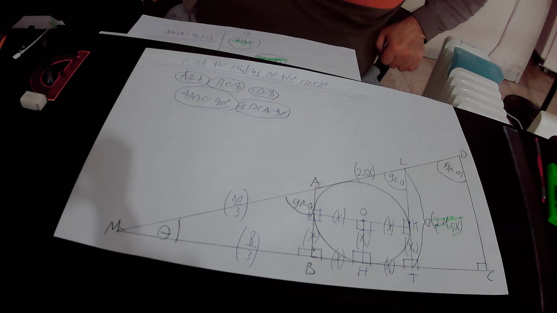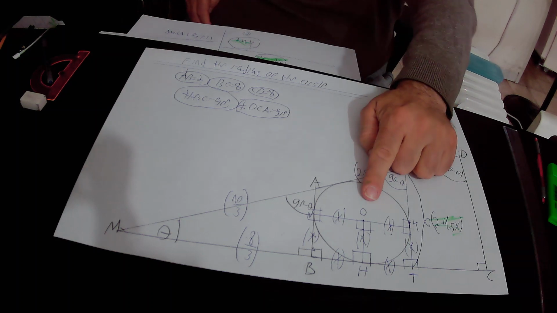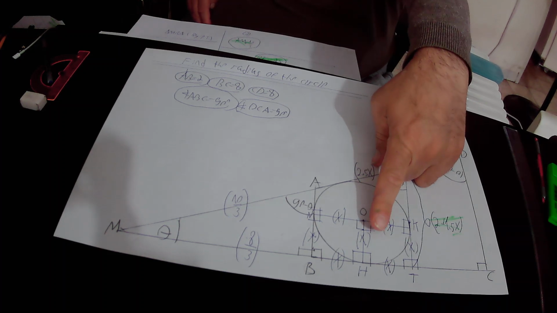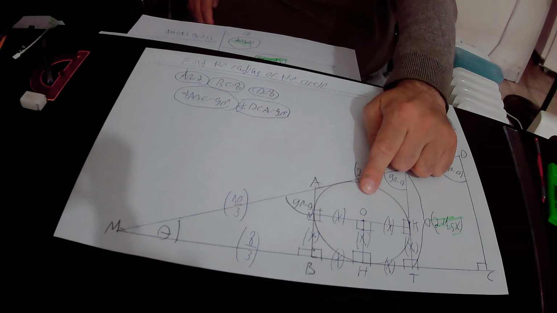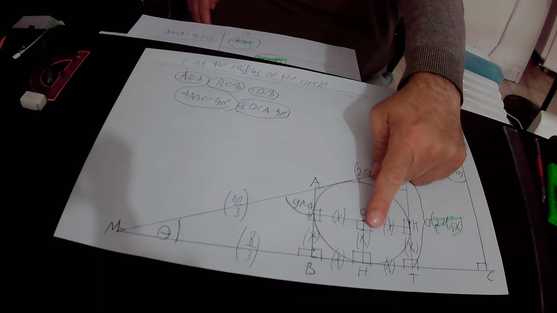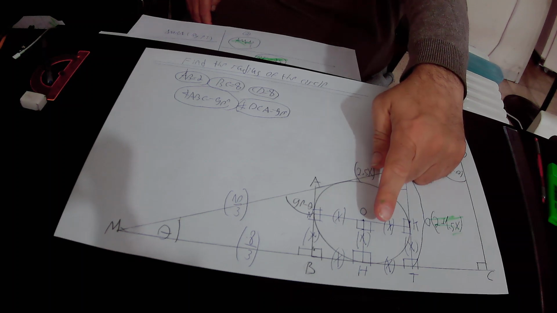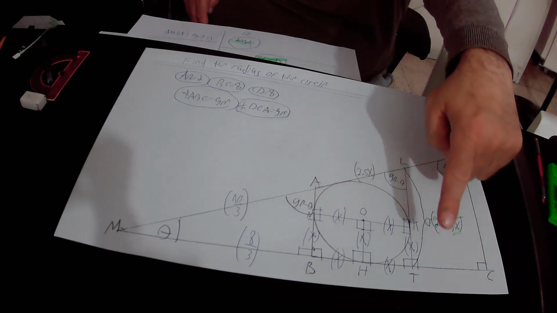Then we defined the center of this circle as O, and we join points O and H together by a straight line. OH is the radius of this circle. We define the radius of this circle as X, therefore OH is X. The radius OH is drawn to point H, that is the point of tangency of tangent BT with this circle.